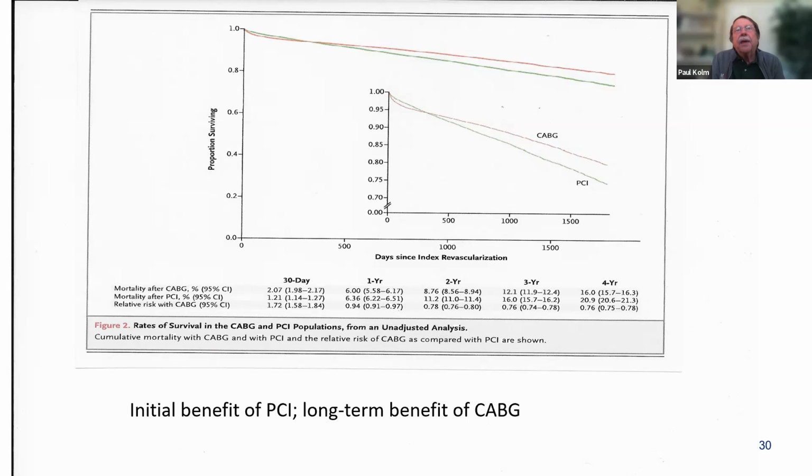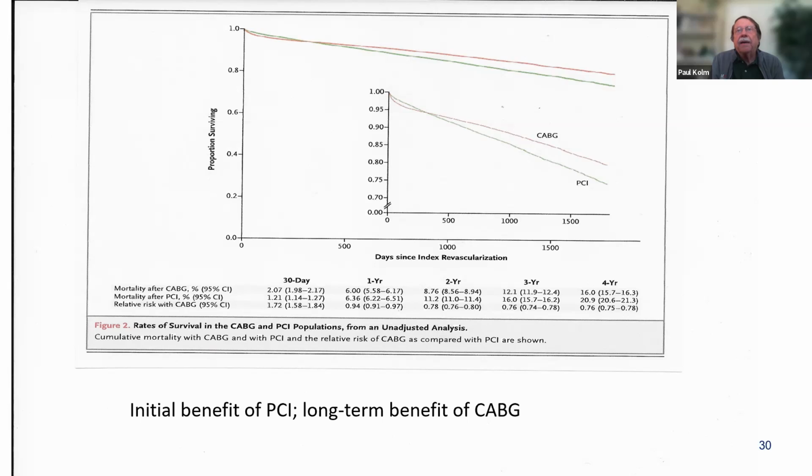And so you can see that what happens here is that there's an initial benefit for PCI, but over time, the benefit is on the side of coronary artery bypass.